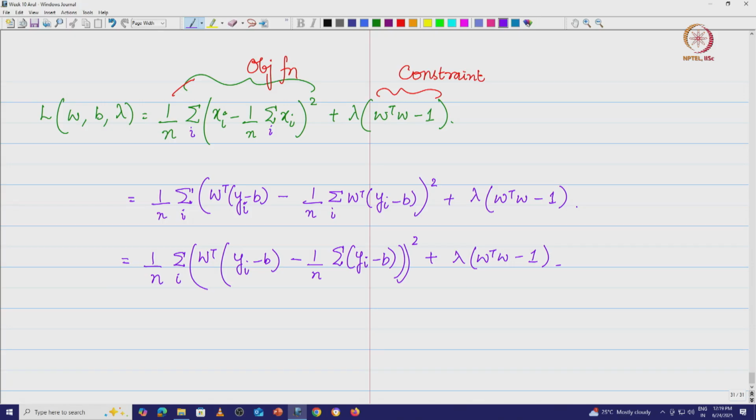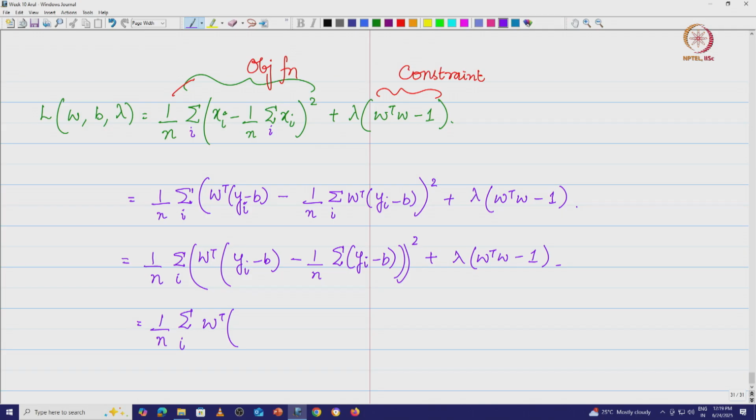Great. Now, let us look at what this is. This is nothing but 1 by n summation over i. I would still have this w transpose. Now, what is this, yi minus b minus 1 by n into yi minus b, the whole square?